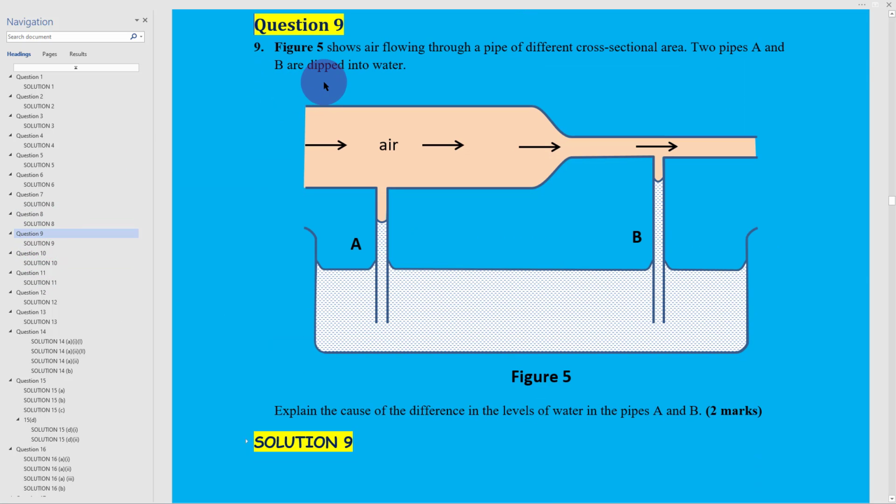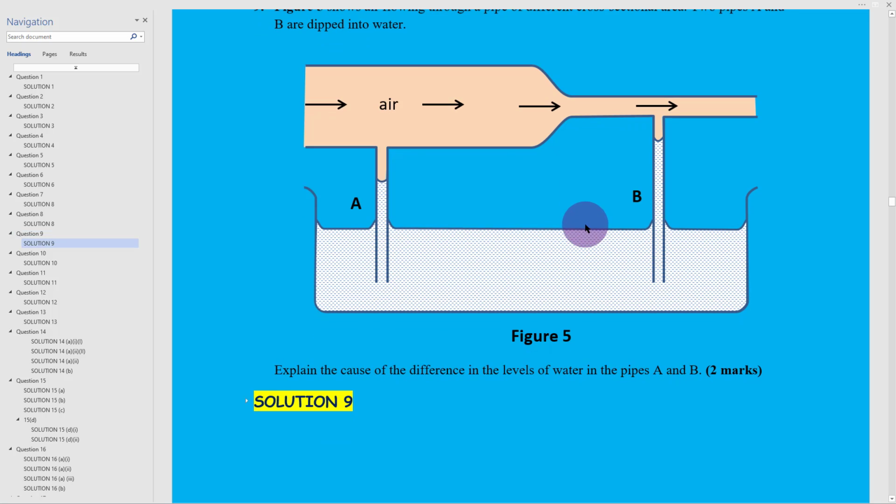Question 9. We are given that figure 5 shows air flowing through a pipe of different cross-sectional area. 2 pipes, A and B, are dipped into the water. These are manometers. This one is the first manometer, and this is the second manometer.